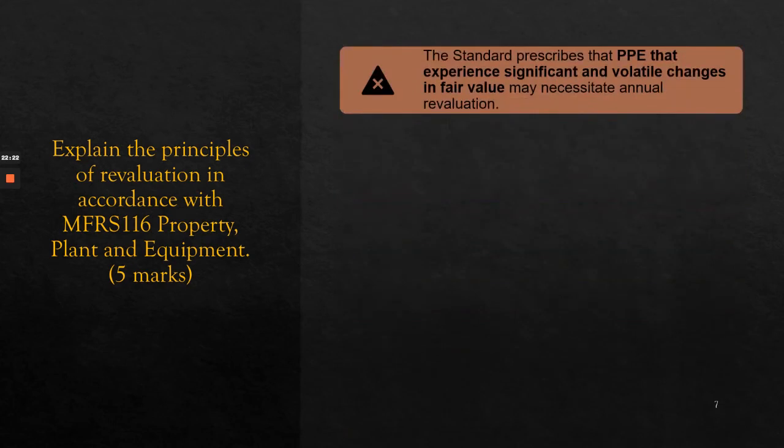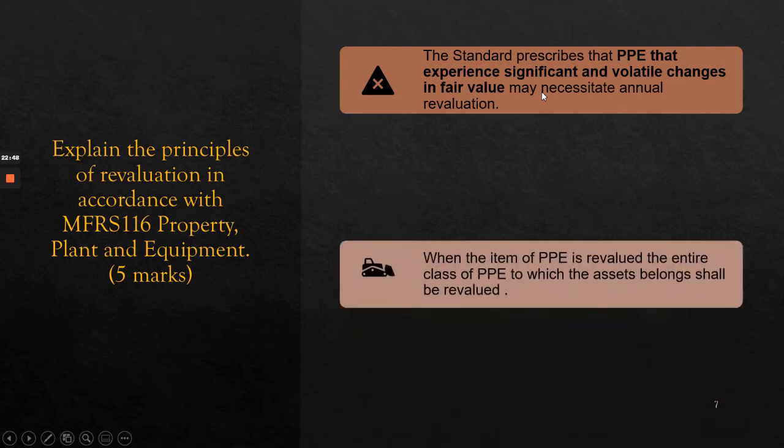Okay, next question is asking you to explain the principles of revaluation in accordance with MFRS 116 PPE. According to the lecture that you have already watched, I believe you can still remember, the standard prescribes that PPE with significant and volatile changes in its fair value may need annual revaluation.